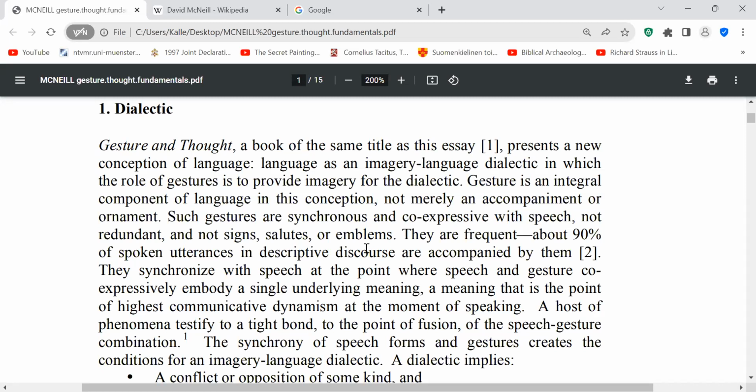Gesture is an integral component of language in this conception, not merely an accompaniment or an ornament. Such gestures are synchronous and co-expressive with speech, not redundant, and not signs, salutes, or emblems.